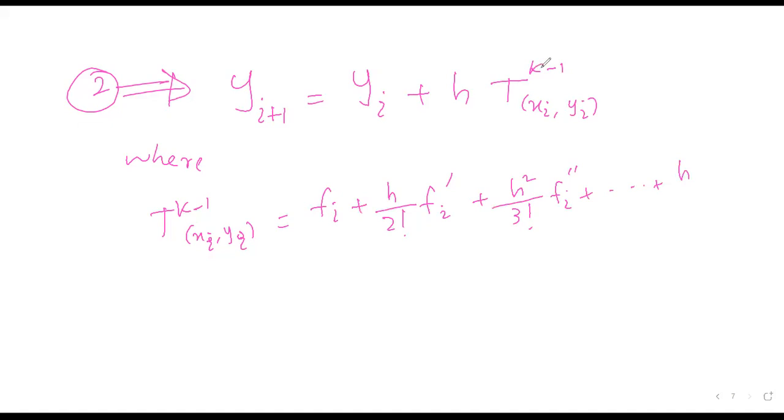Since it is k minus 1, you have to go up to the k minus 1 derivative term, h to the k minus 1 over k factorial f_i^(k-1). So why do I need to go up to the k minus 1 term? Since we are starting from 0, it goes up to the kth point.